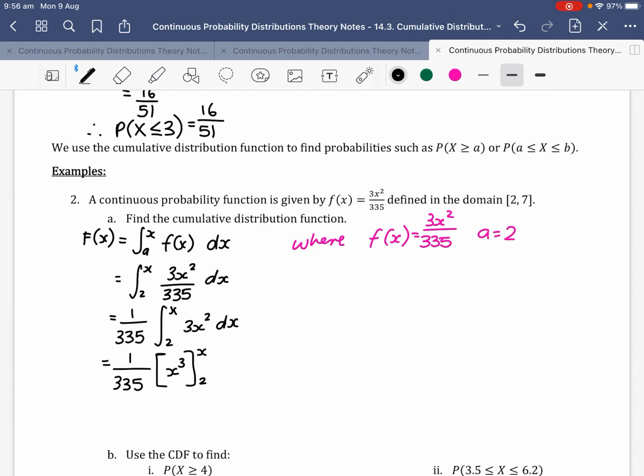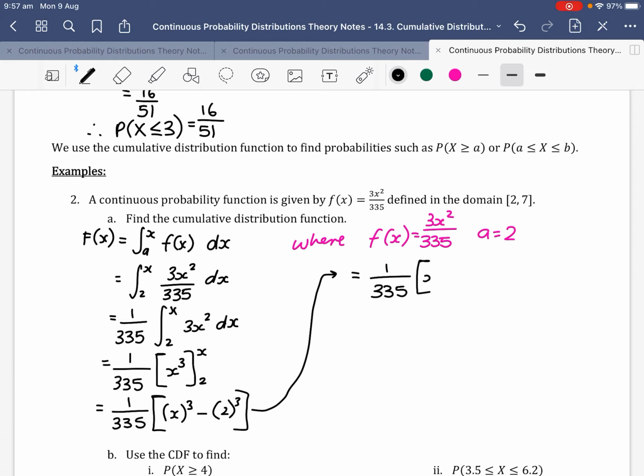We then sub our limit of 2 to x in, so we get 1 over 335 bracket x cubed minus 2 cubed, which equals 1 over 335 bracket x cubed minus 8.